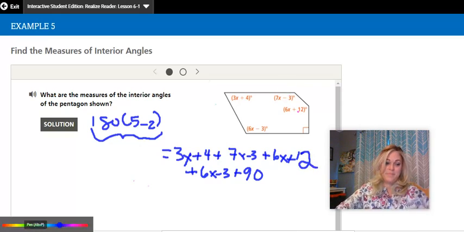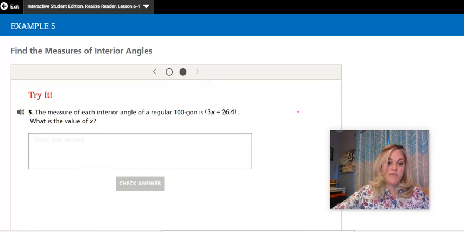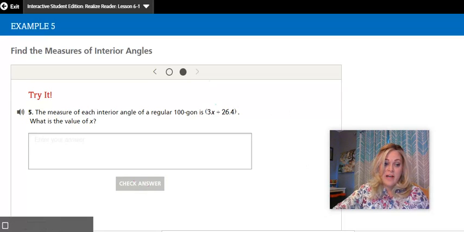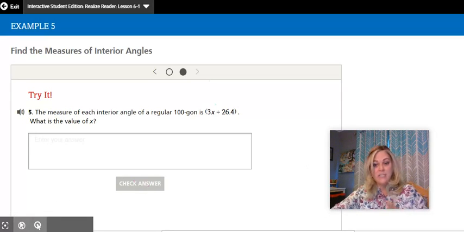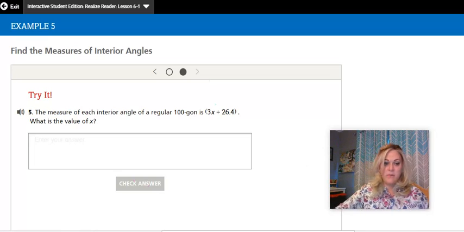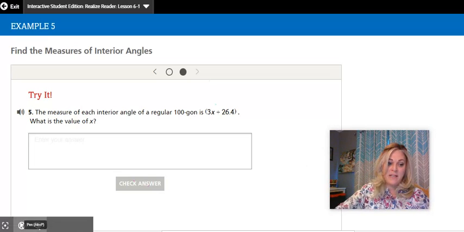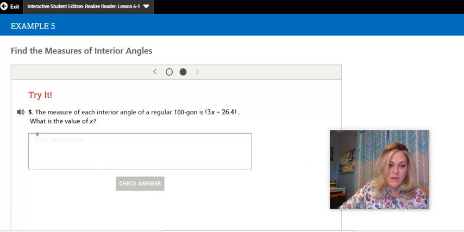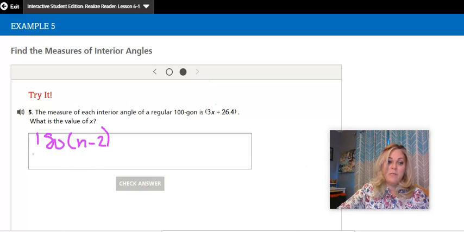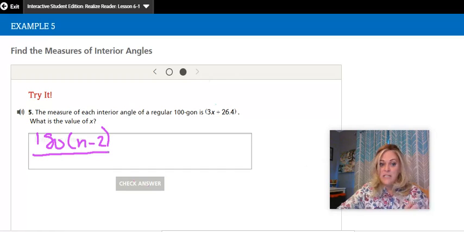There you go. This next problem: the measure of each interior angle of a regular polygon is this. First, you have to figure out how many degrees each interior angle would equal. I'm going to go back to that formula, 180 times n minus 2, which would give me the total interior. But I need one for each, so I'm going to divide that by n.